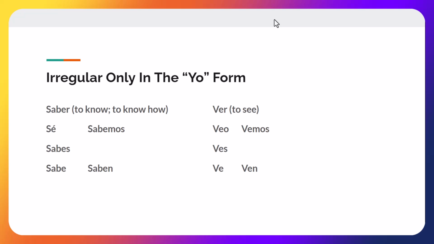So the yo form is not sabo. The yo form is sé. So yo sé means I know in Spanish. No sé would be I don't know. Sé. Then the rest of it is sabes, sabe, sabemos, saben. Your turn now. Sé, sabes, sabe, sabemos, saben.